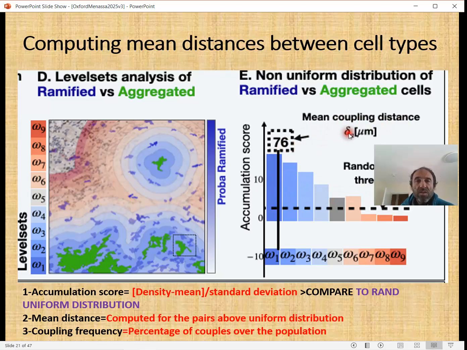Here this was the coupling distance between ramified and aggregate, which was 76 micrometers. What is important is this notion of accumulation score, which is the density minus the mean divided by the standard deviation, which has to be larger than this threshold of random distribution. Then you calculate the mean distance according to this pair. And then there is a coupling frequency, which is the percentage of couples of a population.